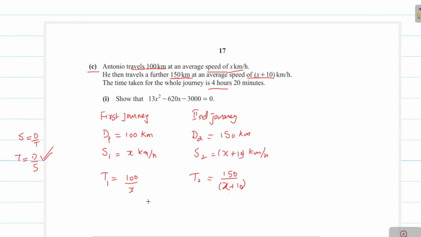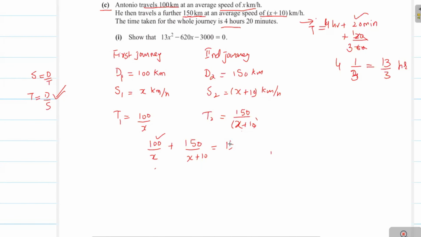Now the total time will be equal to 100 over x plus 150 over x plus 10 equal to 13 over 3, and we take the LCM, which is x into x plus 10.